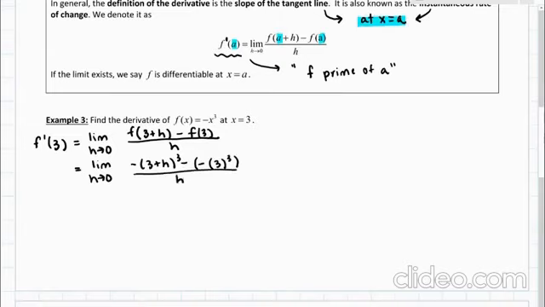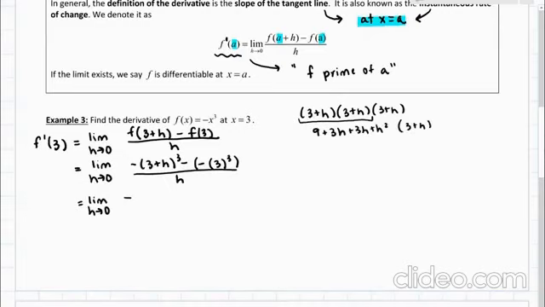So to simplify this, to multiply this out, we have negative whatever that (3 plus h) cubed is. So we can think of it as 3 plus h times 3 plus h times 3 plus h. So this first set, when we multiply that out, would be 9 plus 3h plus 3h plus h squared.